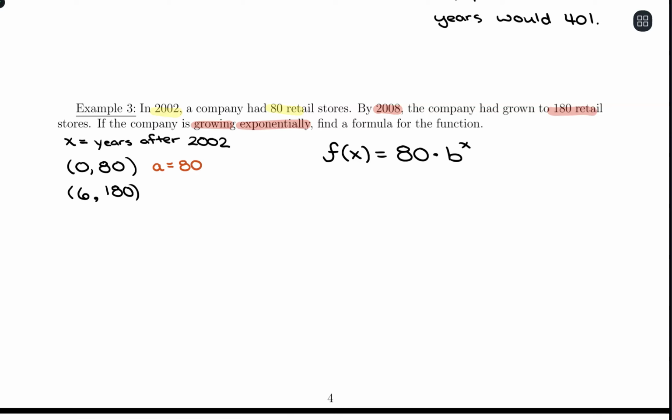I have some exponent of X. What we want to do is solve for B by plugging in that second coordinate. So I want to plug in that 6, 180. So let's see, output of 180 equals 80 times B to the power of 6. We're going to divide both sides by 80, which is a 2.25.